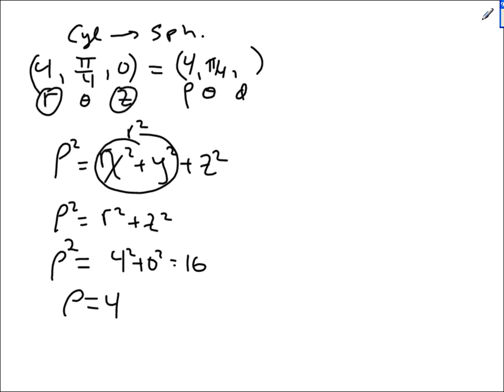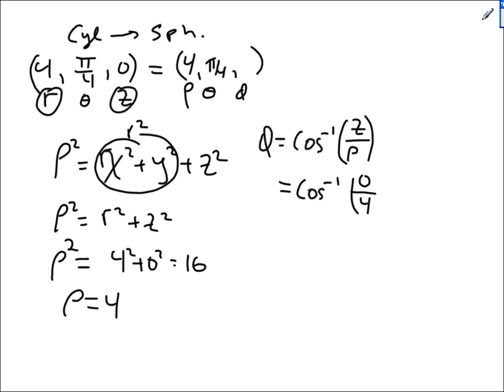Okay. Now, phi is equal to the cosine inverse of z over rho. We have z is 0, rho is non-zero. The cosine inverse of 0 is pi over 2. Let's try some more.